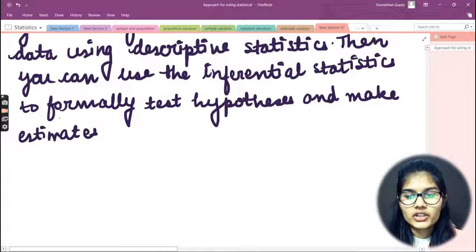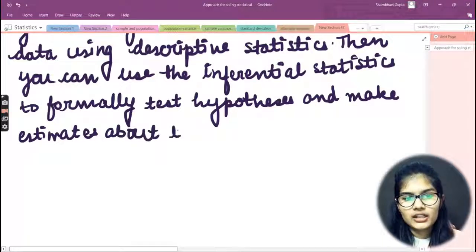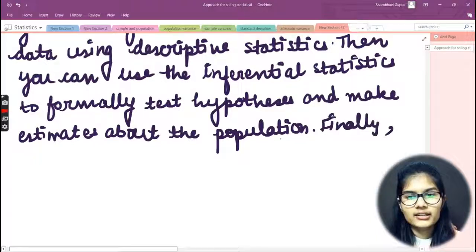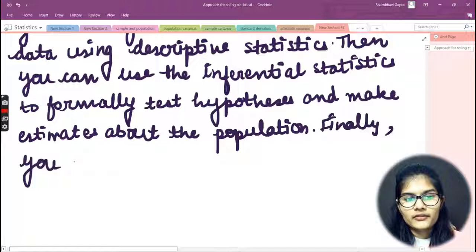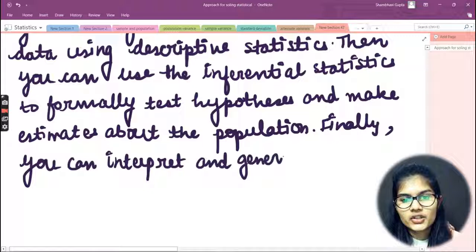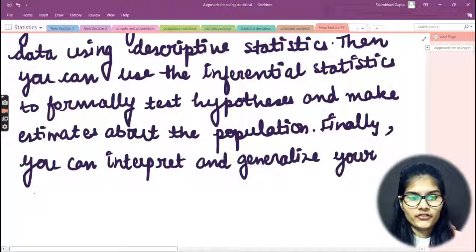So then you can use that inferential statistics to formally test the hypothesis and make the estimates about the populations. And finally, you can interpret and generalize your findings.